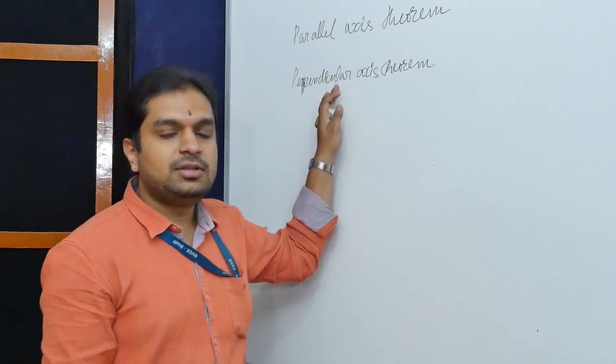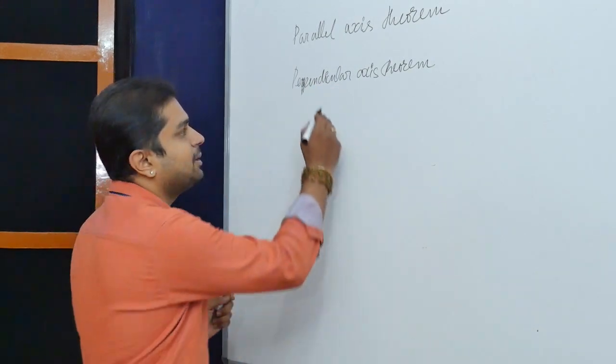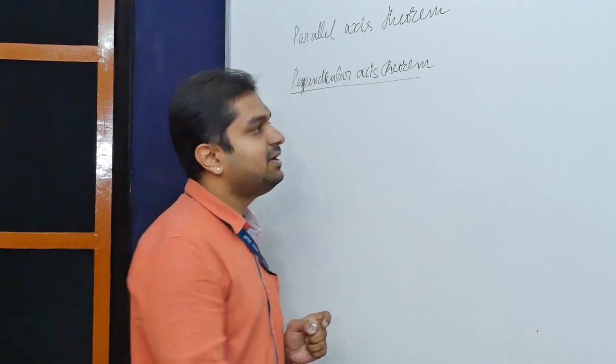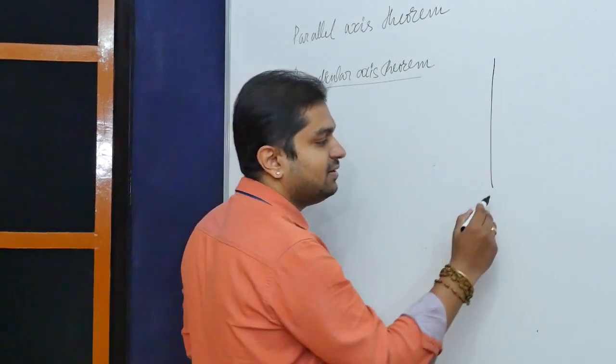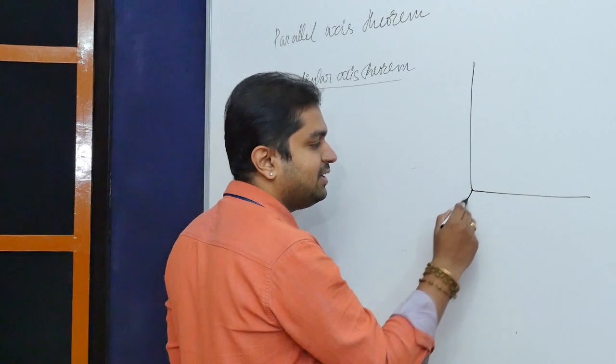Since we discussed the polar moment of inertia, we'll first start with the perpendicular axis theorem. Here, consider a three-dimensional space in which the body is kept.